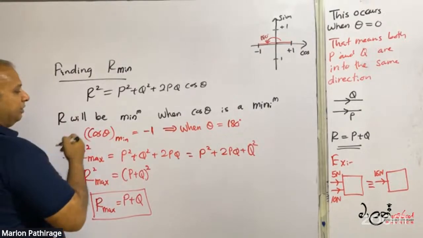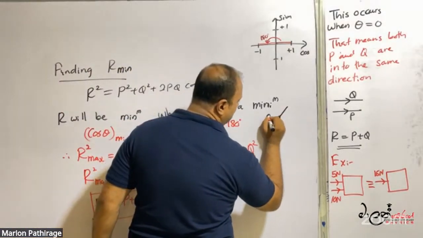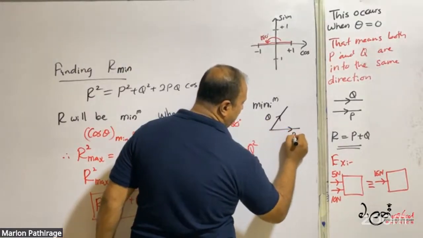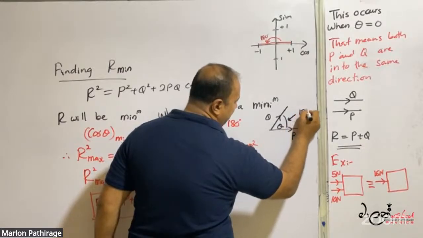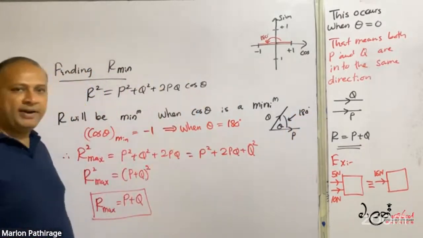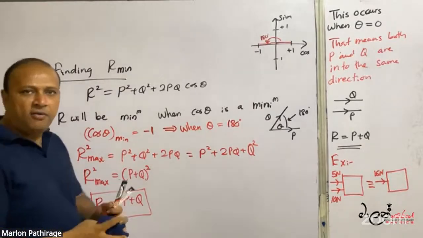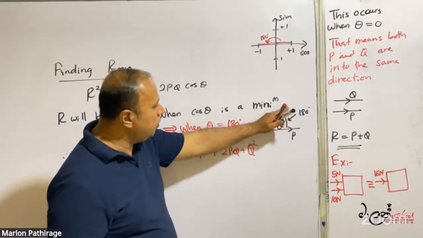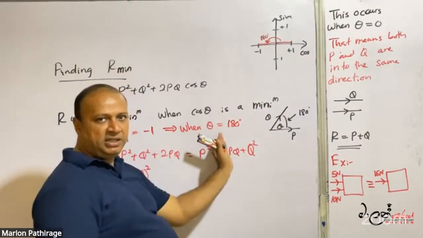Therefore, this angle between Q and P should be 180 degrees. That means Q should be turned to this side.